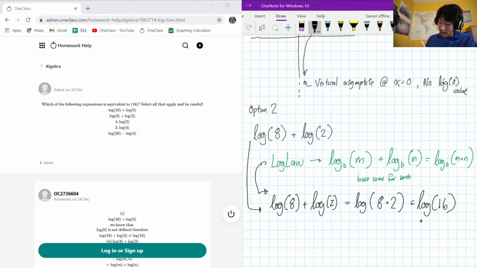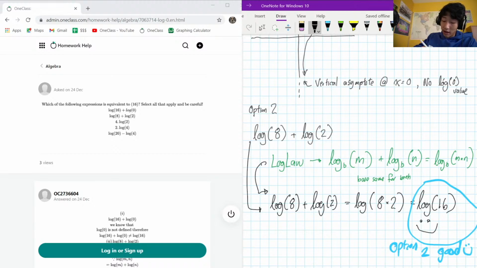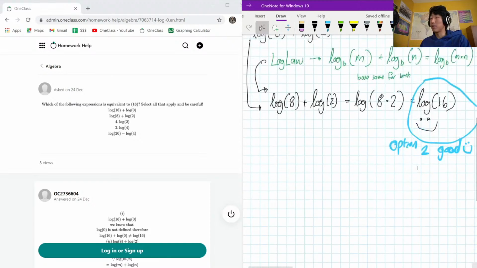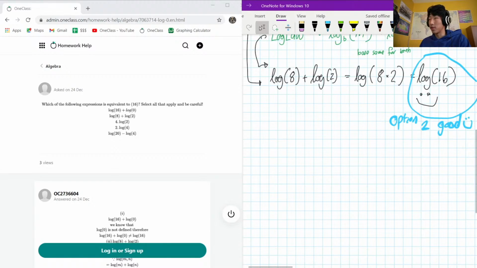So this is nice. We found our answer here, so option 2 is good. Happy face. Cool. But they said that there could be multiple things in here that correspond to this, so we have to keep searching through all of the other options.